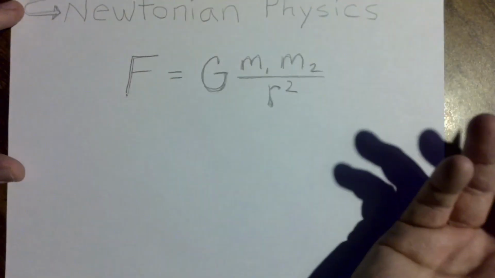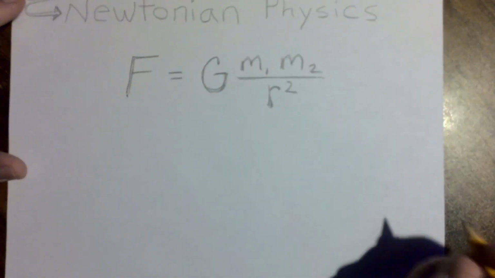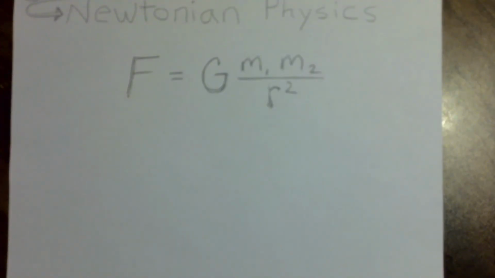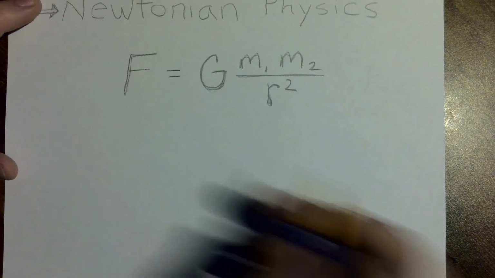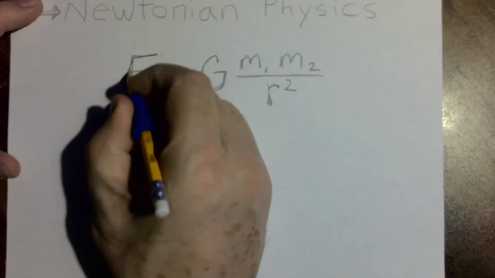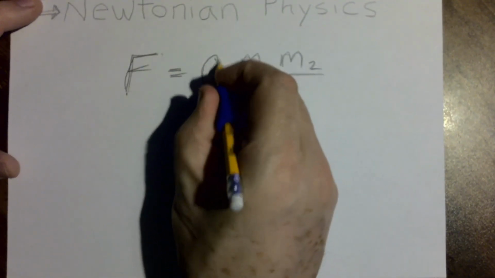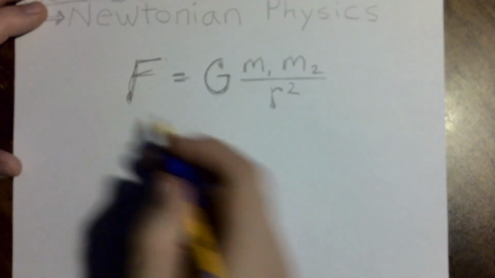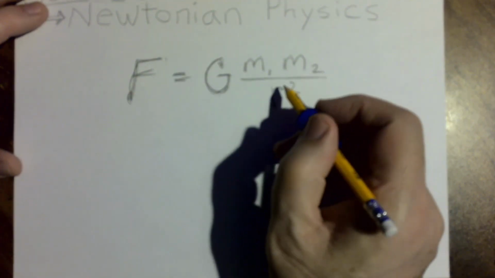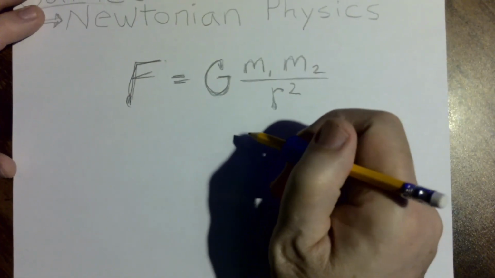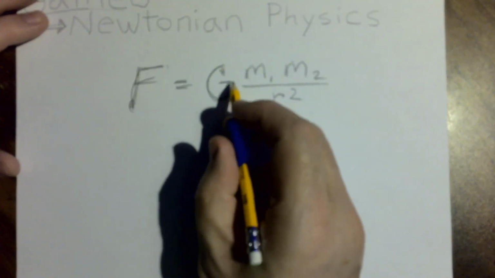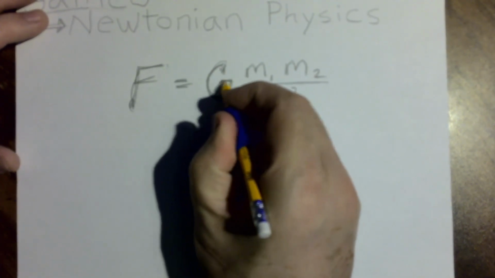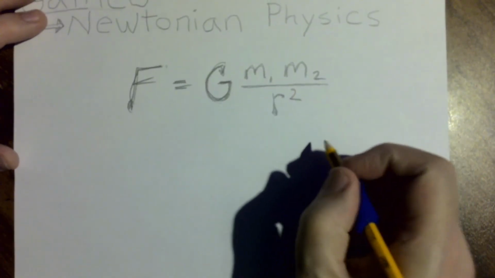The year Galileo dies, Isaac Newton is born. And that guy, he came up with some ways to talk about the universe. One of them being this. The force between two objects is the same thing as the gravitational constant of the universe, G, multiplied by this ratio.